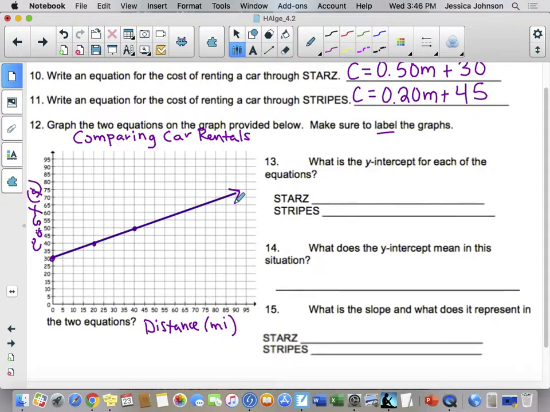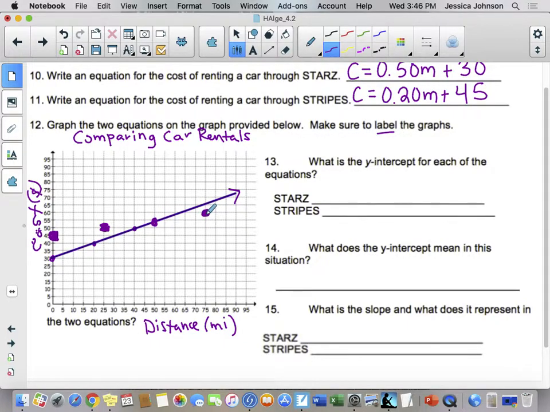My y-intercept for Stripes, I'm going to use boxes this time to represent stripes. So 45 is my y-intercept. If I substitute 25 in to this equation, I would get 50. If I substitute in 50, I would get 55. So (50, 55). 75 would give me 55, so (75, 55).